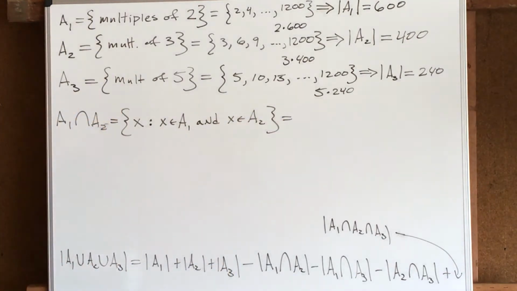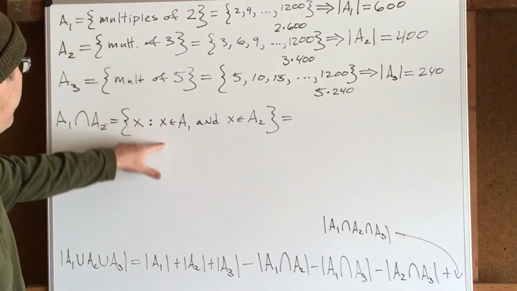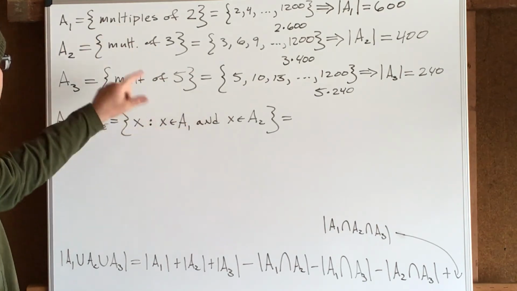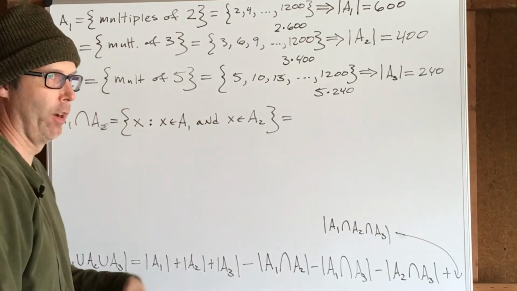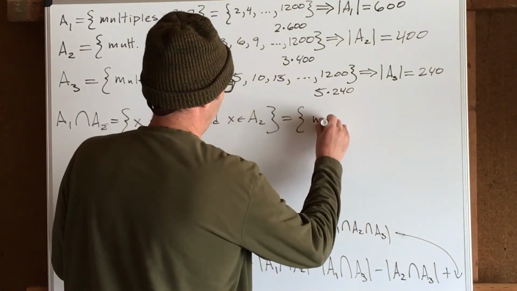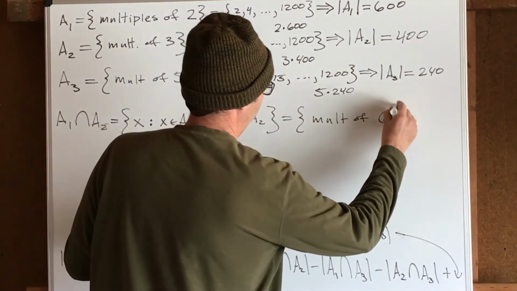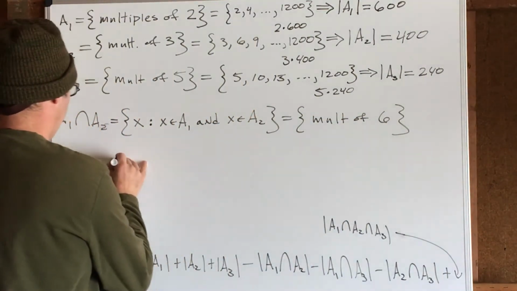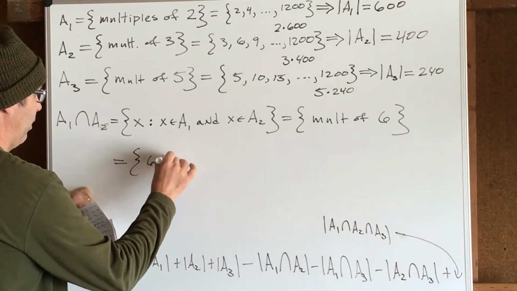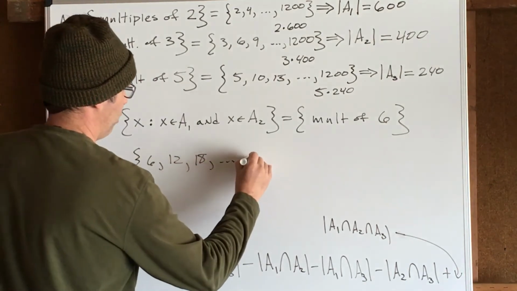If you're in A1, then you're a multiple of 2, and if you're in A2, then you're a multiple of 3. So if you're in both of them, you're a multiple of 2 and 3, otherwise known as a multiple of 6. Multiples of 6: 6, 12, 18, up to 1200.